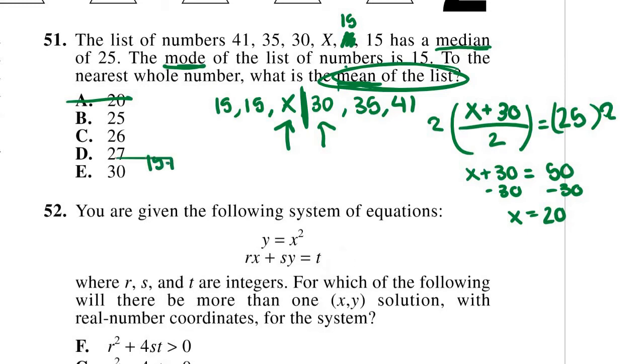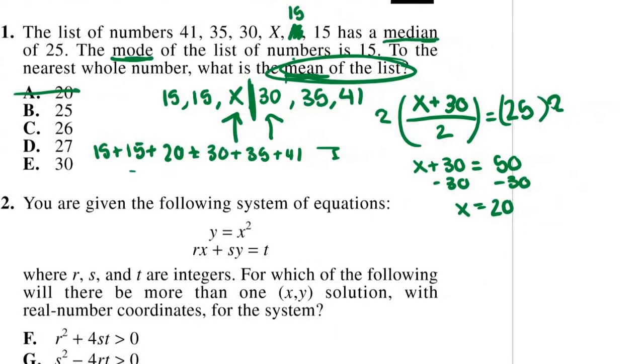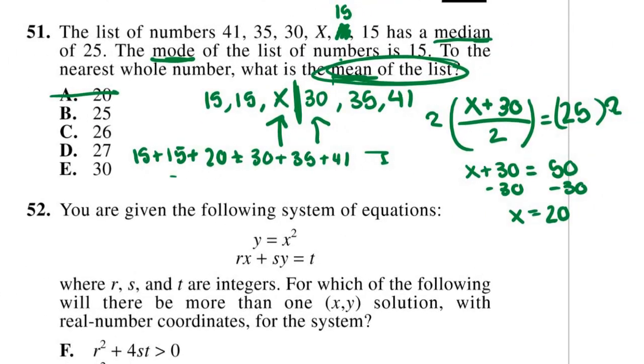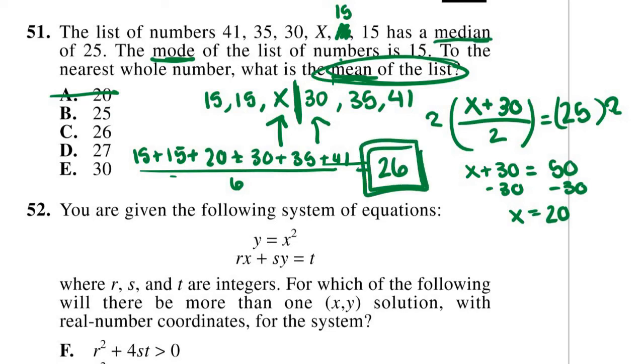So we do 15 plus, now instead of x, we know it's 20, plus 30, plus 35, plus 41, divided by the total number of numbers we have, which is 6. And then that is equal to 26. So 26 is our mean, which means our answer to 51 is C.